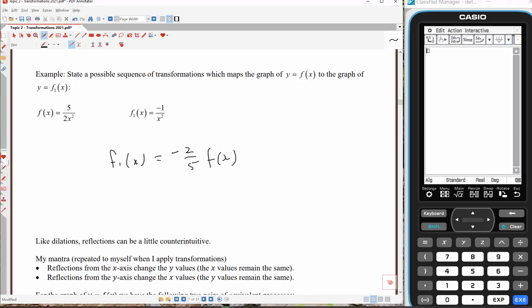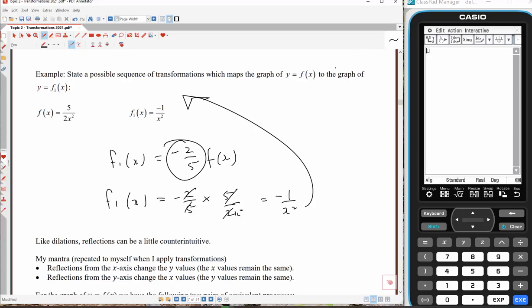Okay, so a possible sequence of transformations. Let's just try it out. f1 of x equals negative 2 on 5 times 5 on 2 over x squared. So 2 cancels the 2, 5 cancels with the 5, negative equals negative 1 over x squared, which is what was supposed to happen. So what does that transformation represent?